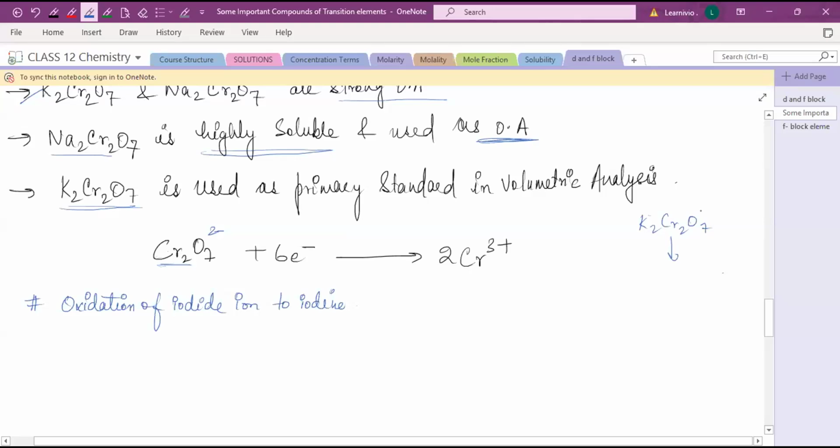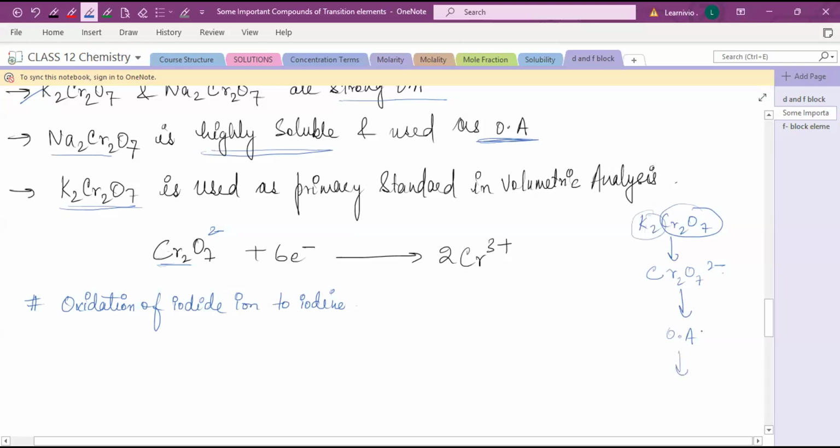The ion here is the Cr2O7 2- ion. The cation is K+, potassium, and this is your dichromate ion.